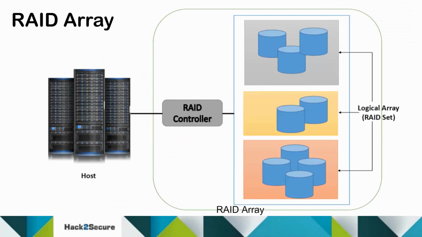A RAID array is an enclosure containing a number of disk drives and a RAID controller as supporting hardware. Here, some disks are grouped together to form a logical association called a logical array, RAID set, or RAID group. The controller in a RAID array provides three main functions.